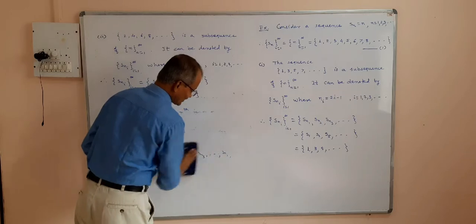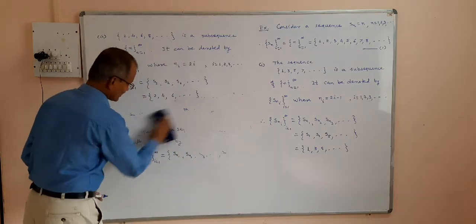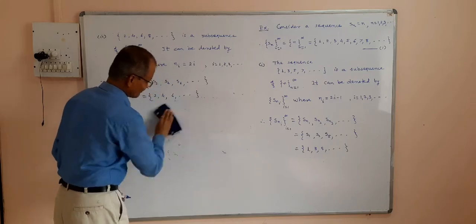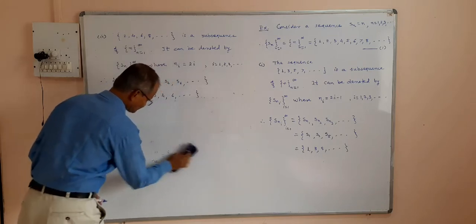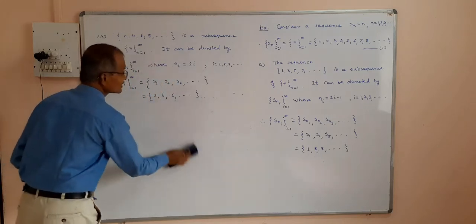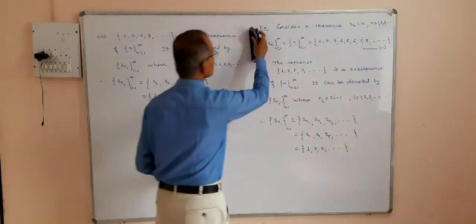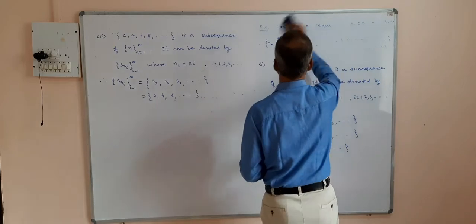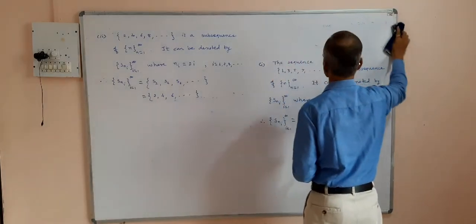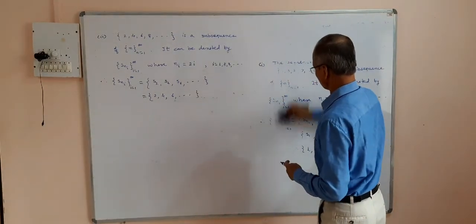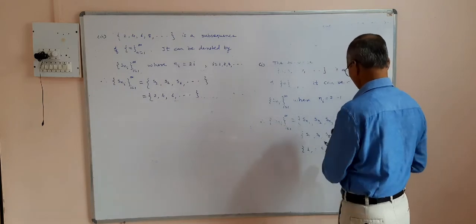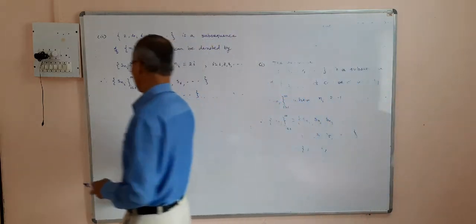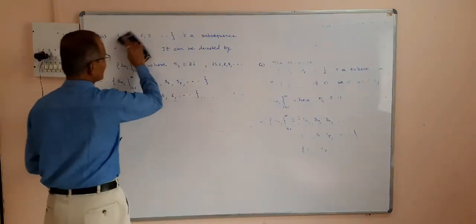Now there is one example from the exercise that we will consider. The others are simple, but we shall consider this example from exercise 2.1. I should first write the problem here.